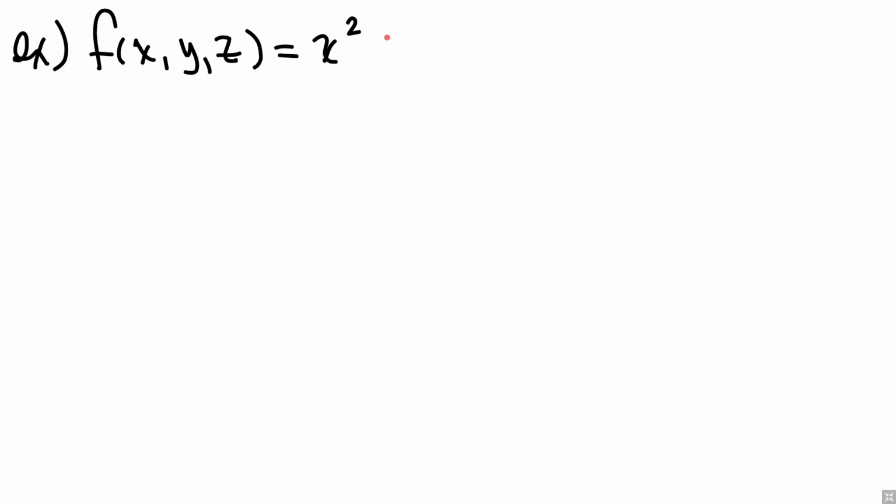All right, so for our next example, it's basically going to be the same thing, but this time we are going to create a three-dimensional vector and do the dot product for it. Okay, so in this example, we're told that f of x, y, z is equal to x squared plus 2y squared minus 3z squared.